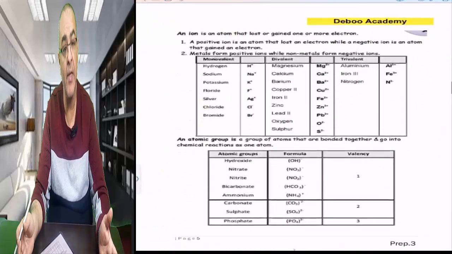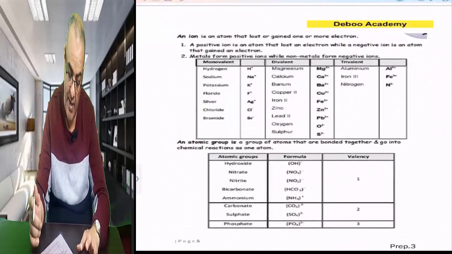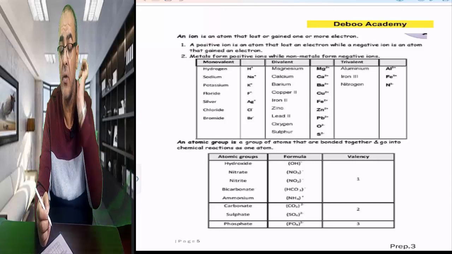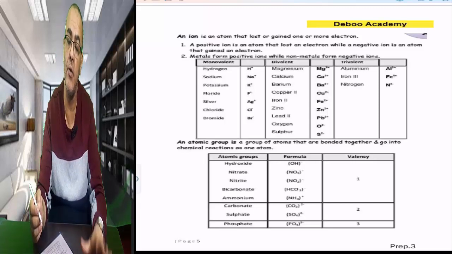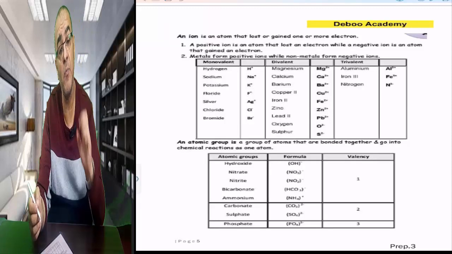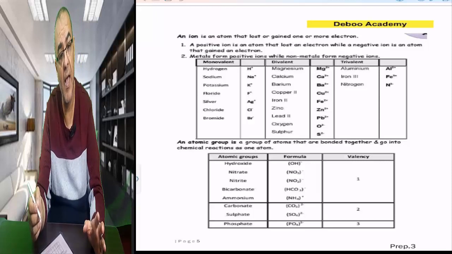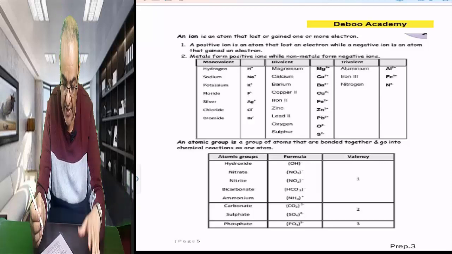Now the idea of the ion is obvious. When the atom loses electrons, it forms a positive ion. When the atom gains electrons, it forms a negative ion.